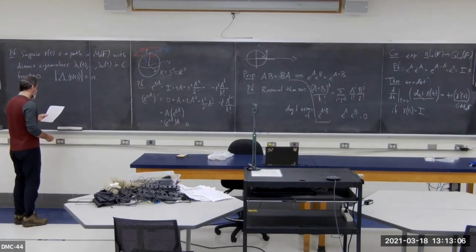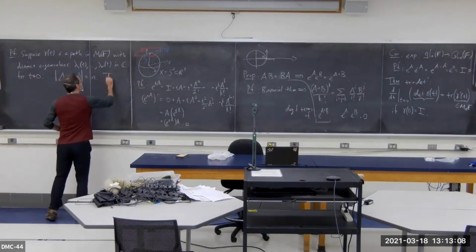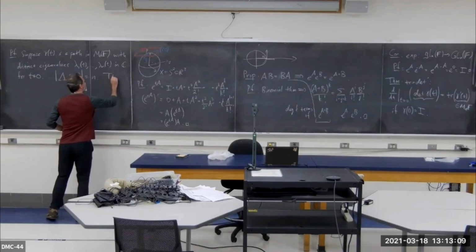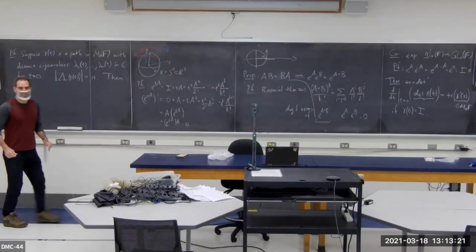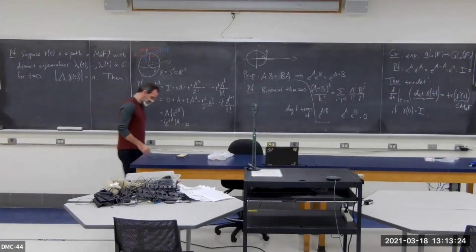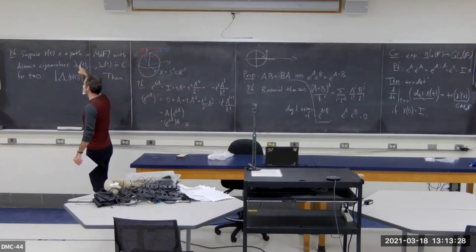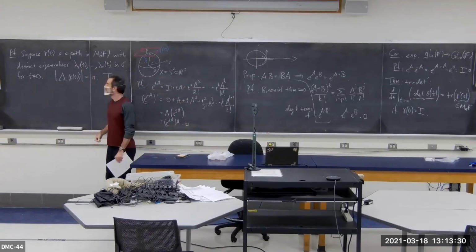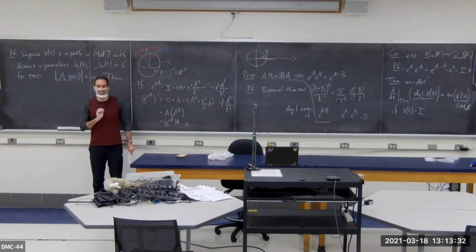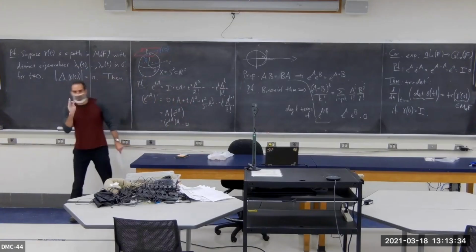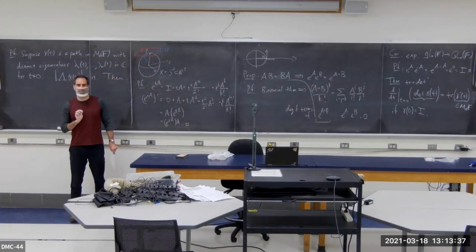Okay, so then. I have a question about that. When you say it has distinct eigenvalues, do you mean these n functions are distinct, or do you mean they're distinct for every single t? It's the same thing. So why is that the same thing? If gamma of t has distinct eigenvalues, then if I wiggle t a little bit, by continuity those eigenvalues wiggle a little bit, and I couldn't have switched any of them.